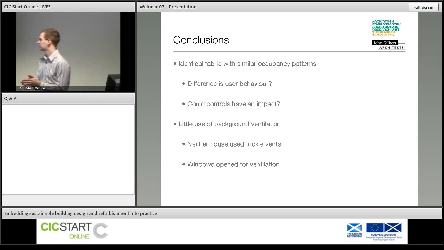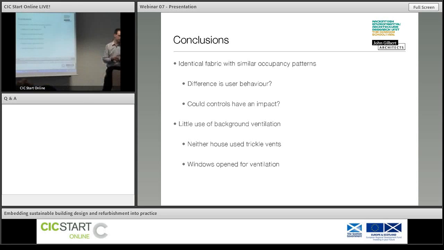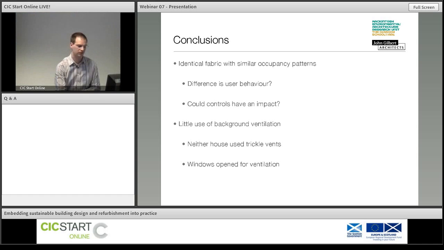So it's perhaps that the controls in one of the houses didn't allow people to understand that the heating system is still on, and yet they've got the windows open, or how to use it and the temperature differences and so on. Again, it's a common thing we found through this that the trickle ventilation was used very little, and that windows were open for ventilation. That was the primary ventilation method.